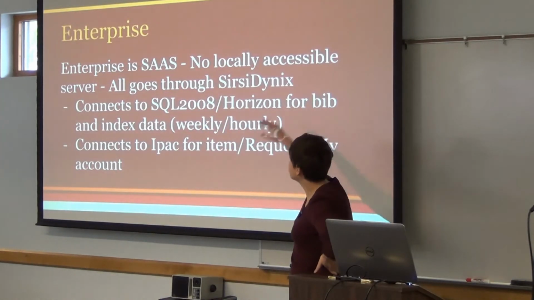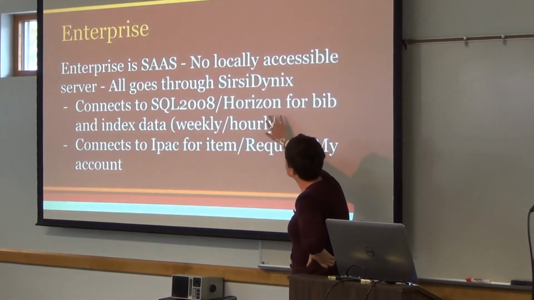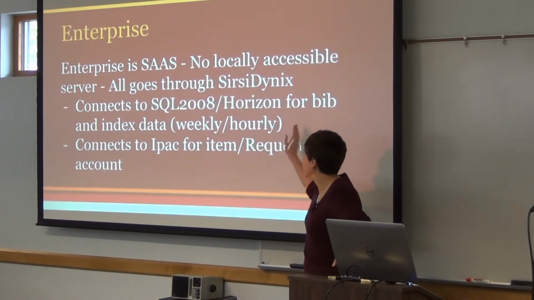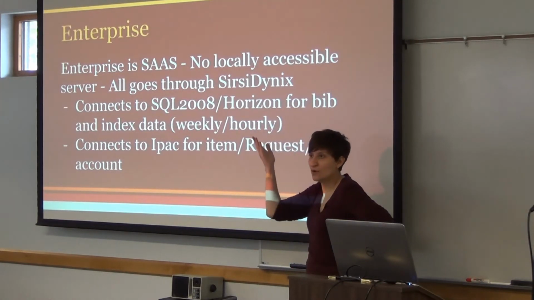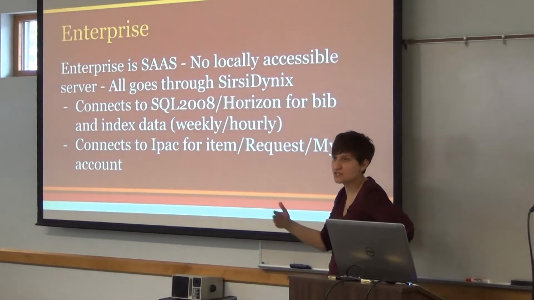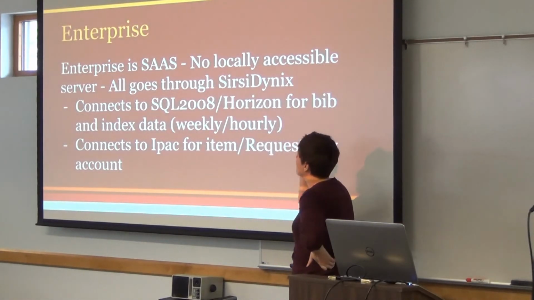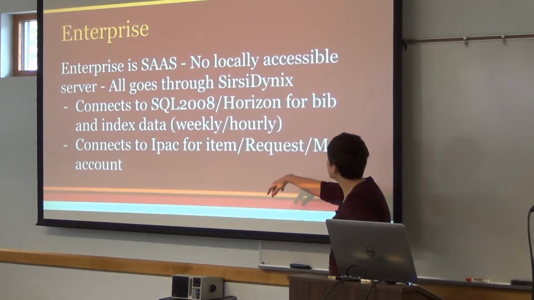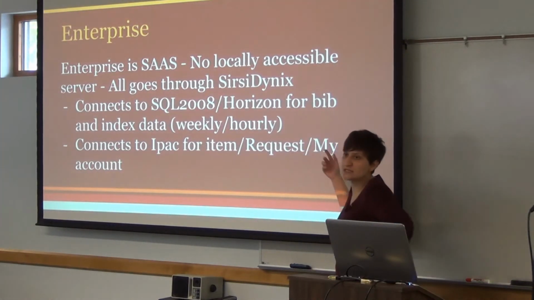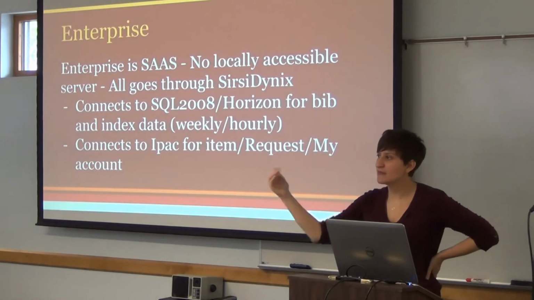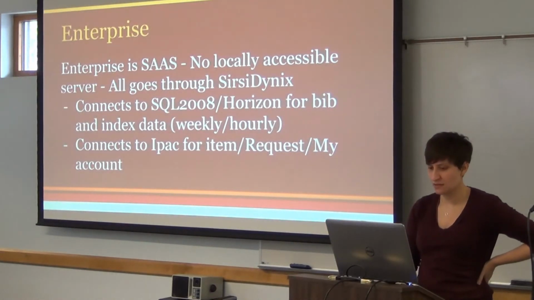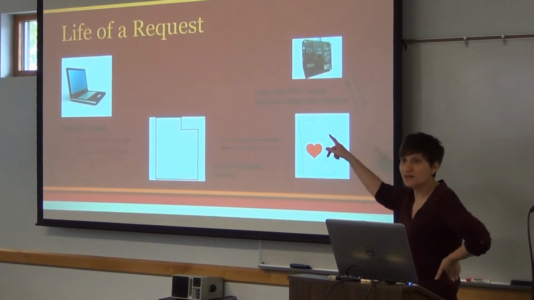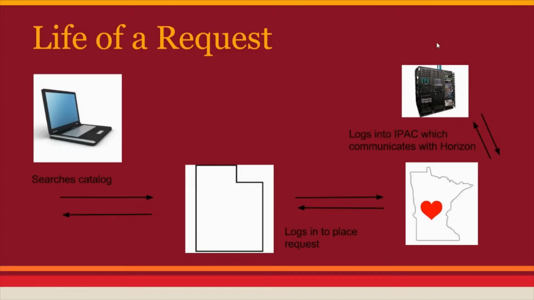And so it does connect to Horizon, right? Every Saturday morning, I think it is, we do a weekly upload, and then hourly, any changes that are made get sent to Enterprise. But then it connects to IPAC for the item and the requesting and the My Account information, and then IPAC connects back to Horizon.